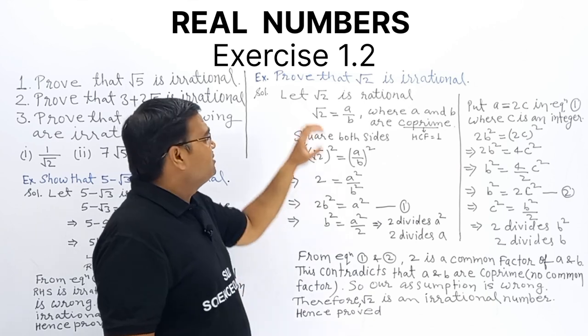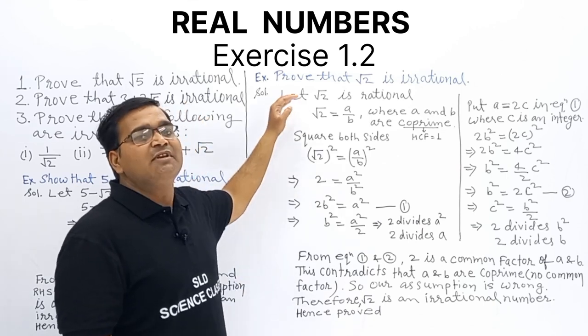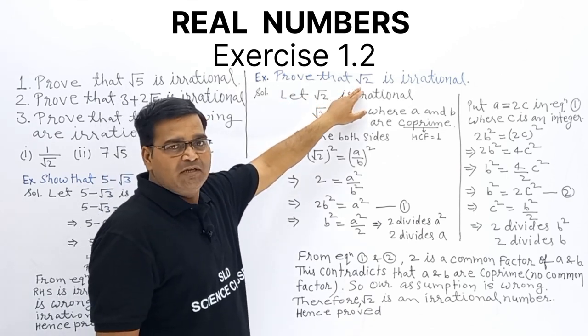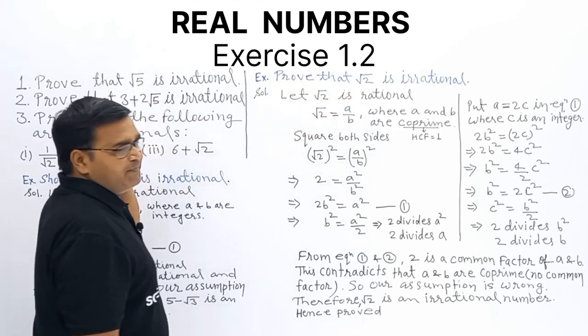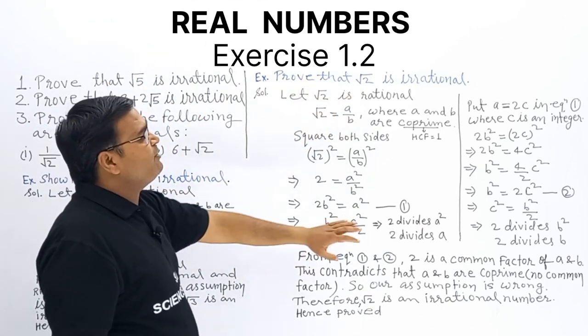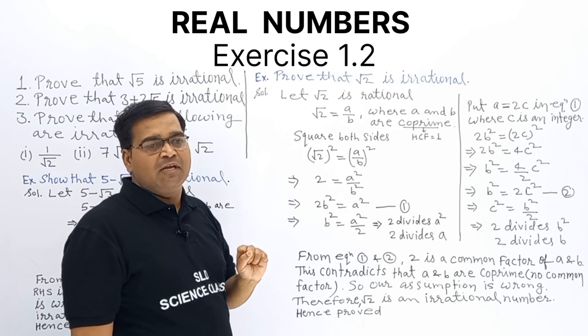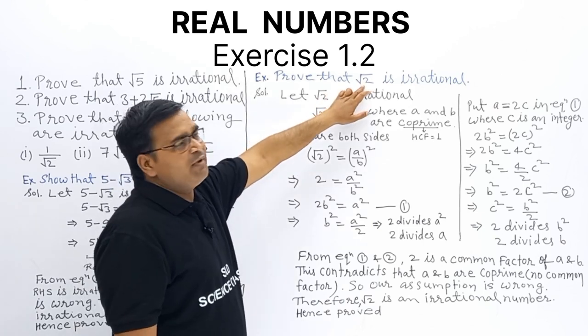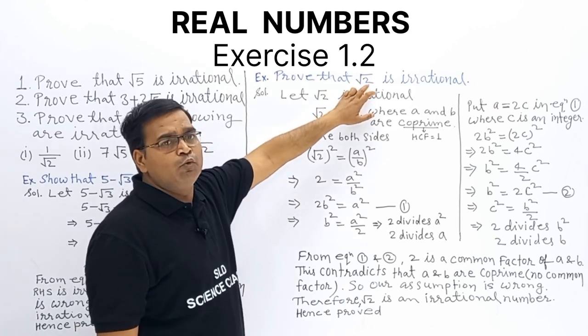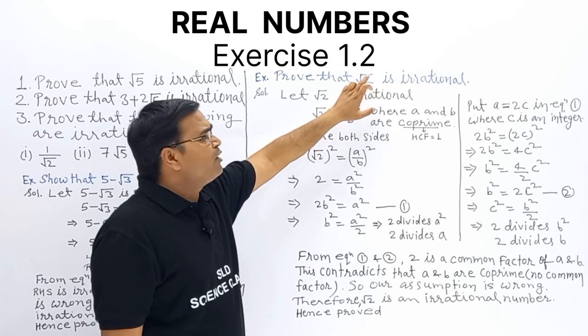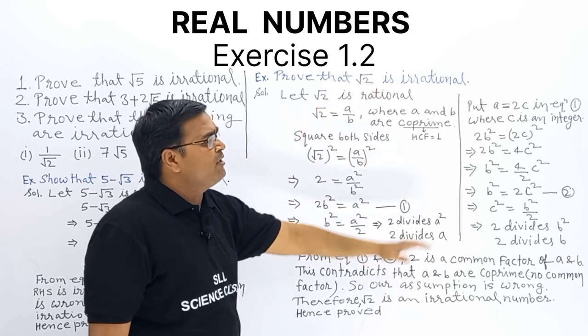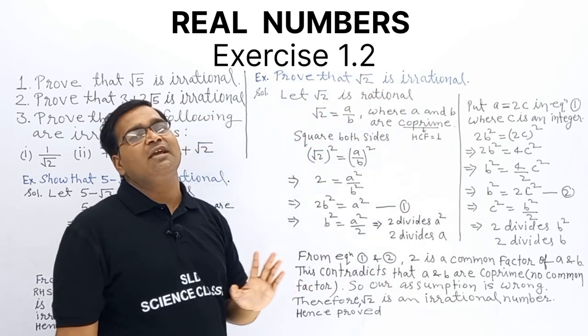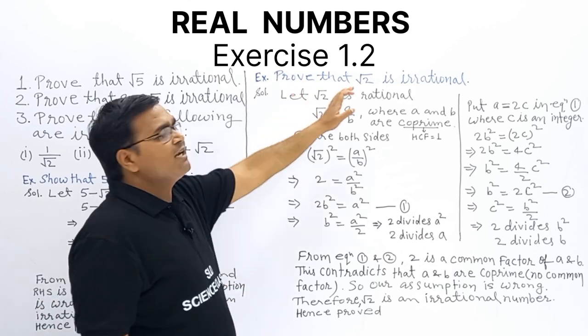I am taking this example first, then I will discuss square root of 3, and then the last one. This process will be followed in all questions. If you have prime numbers like root 7, root 11, root 13, again we will use this same process and we can prove irrational numbers.